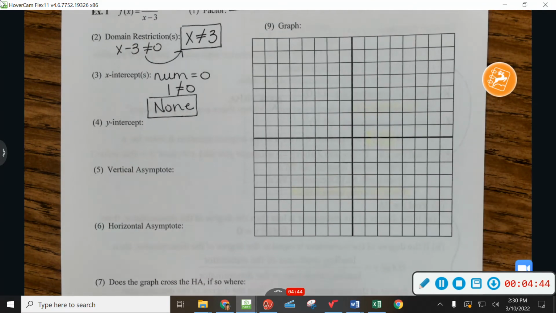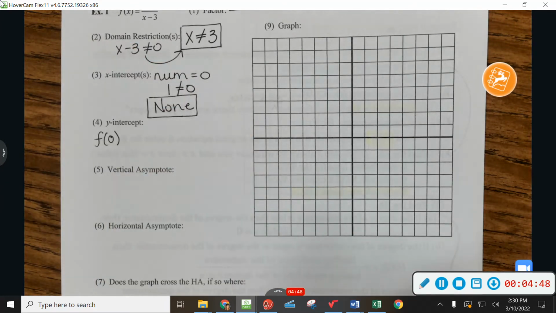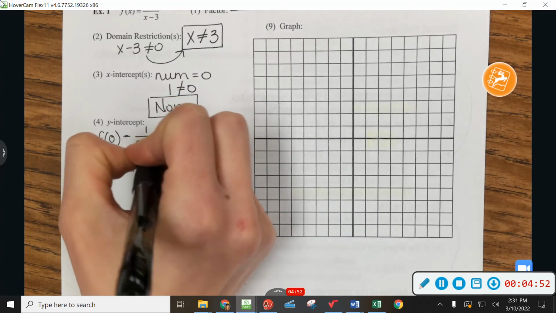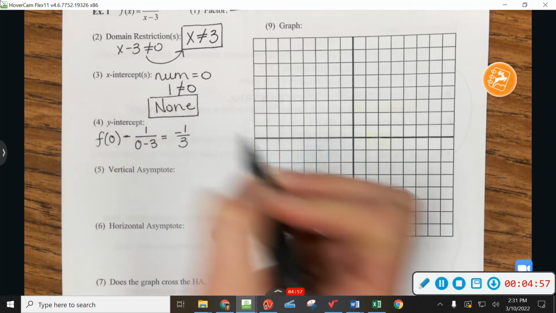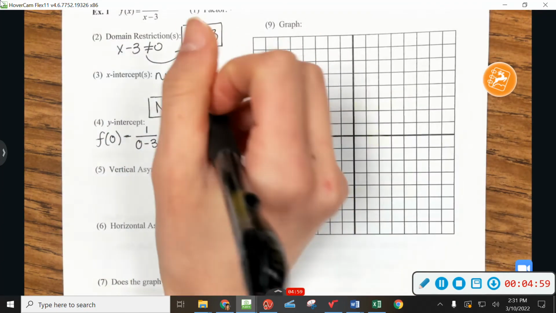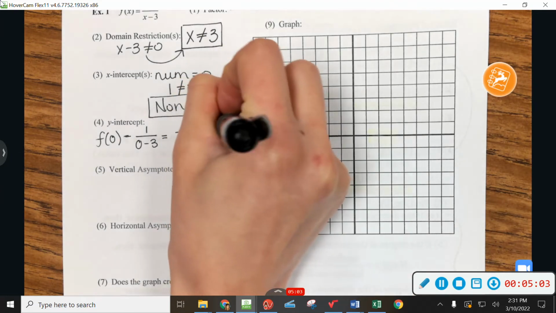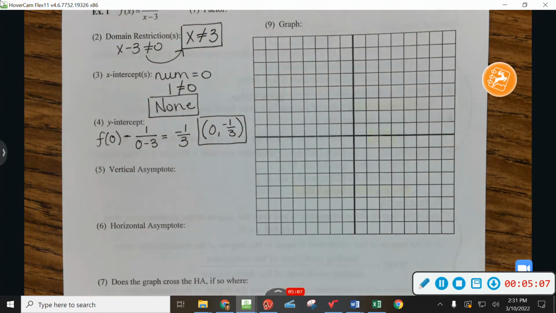Your y-intercept, you're doing x equals 0. So I'm going to have 1 over 0 minus 3, so that is negative 1/3. So my y-intercept as an ordered pair would be 0, negative 1/3. Okay?